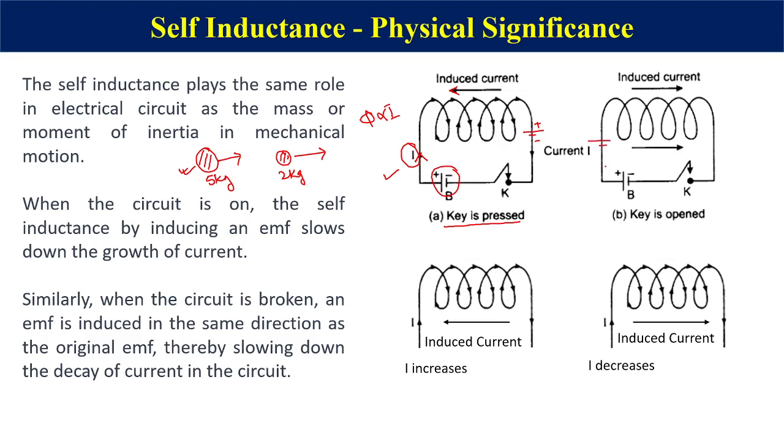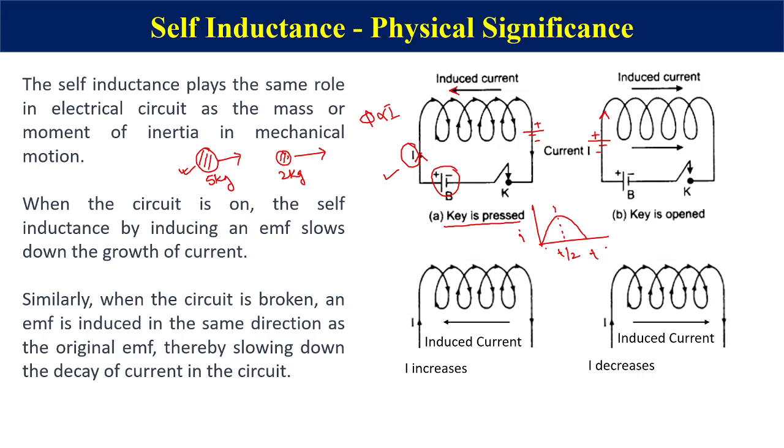That means induced EMF will be in the same direction as the original EMF in the circuit, and it will allow the current to flow in the same direction. So the induced current and the original current will have the same direction. So suppose this is time and this is the original current I, and I make a profile like this. That means in half of the time, t by 2, the current increases and in the other half of the time the current decreases.